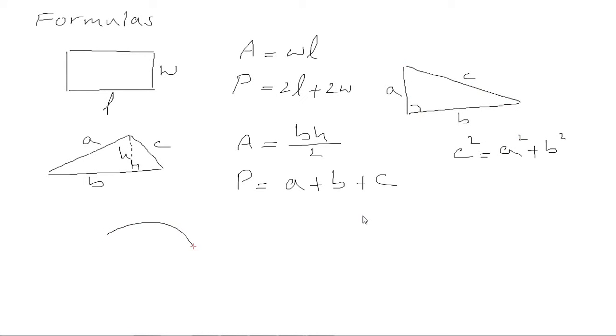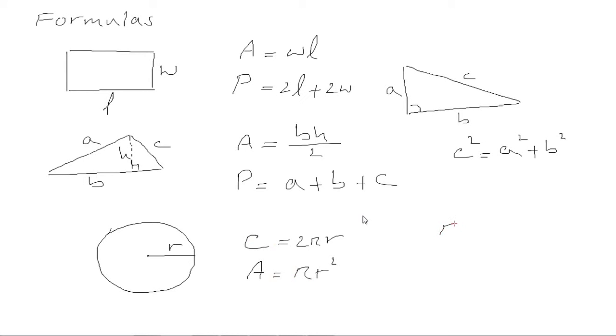And in a circle of radius r, the circumference of the circle is 2 pi r, and the area of the circle is pi r squared, where pi is a constant.